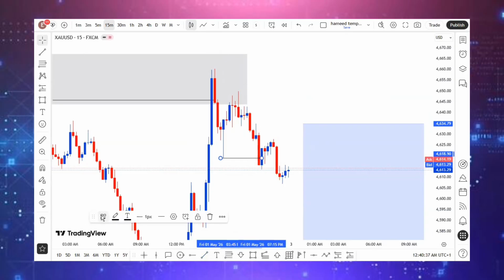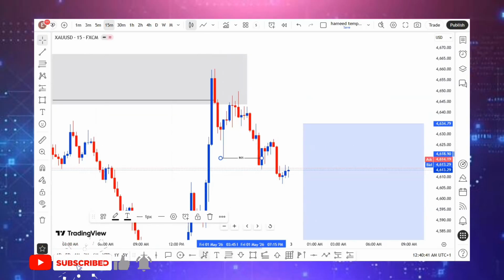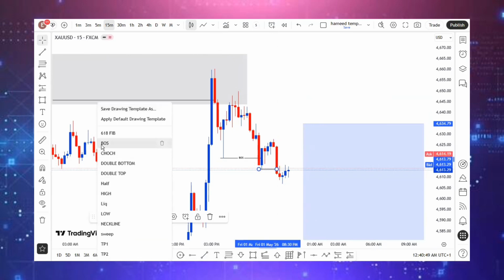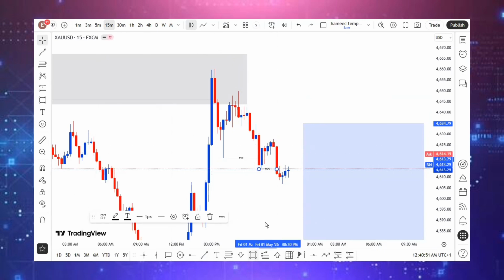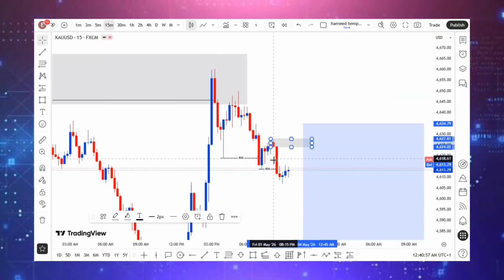So we have BOS here. Then this is another one, BOS here. Then this is the order block. And this is the imbalance here.